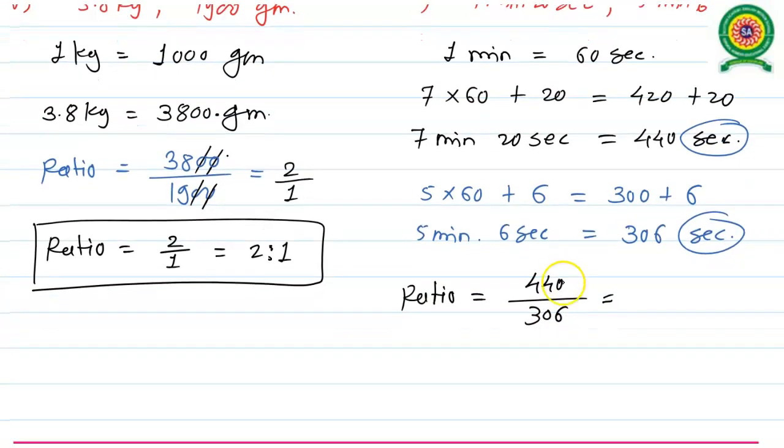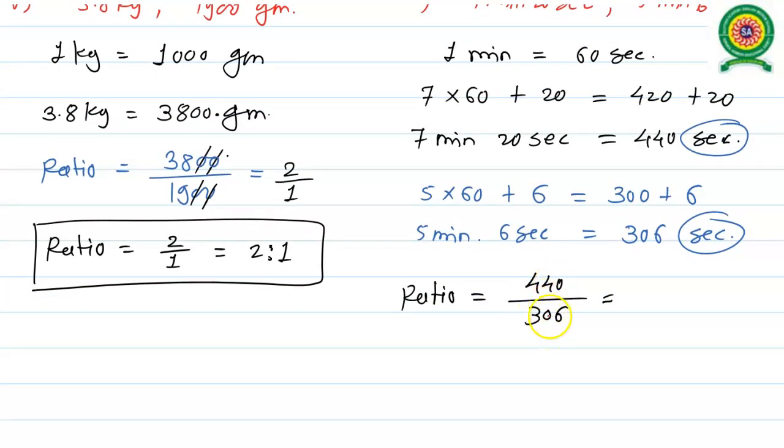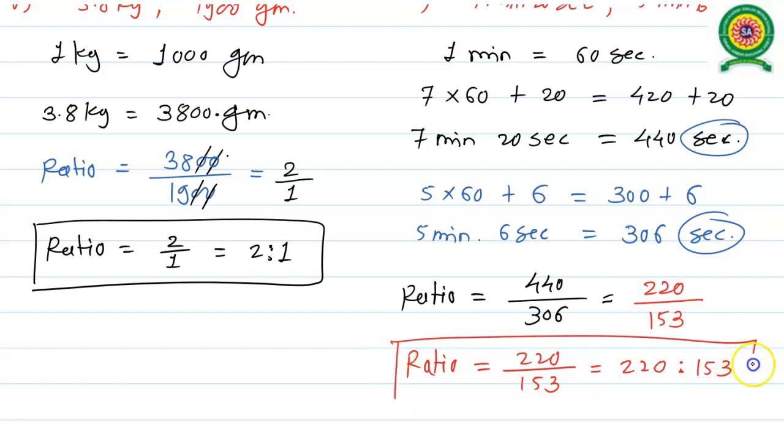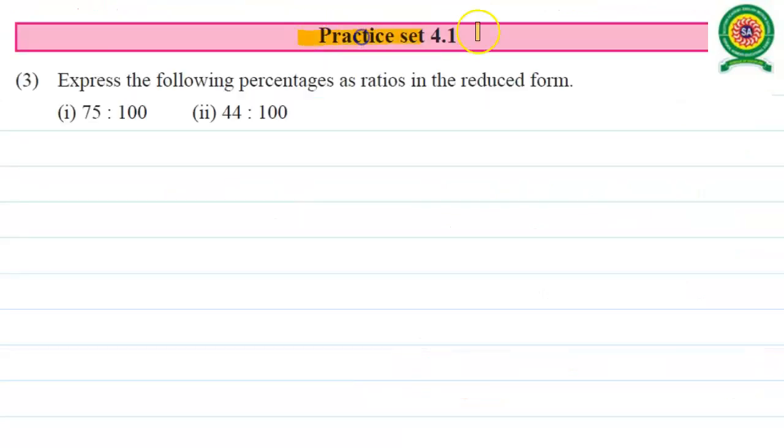Now both numerator and denominator are divisible by 2, so 2 times 220 is 440 and 2 times 153 is 306. Now there is no common divisor among numerator and denominator, so our ratio is of the form 220 divided by 153, or you may write it as 220:153.